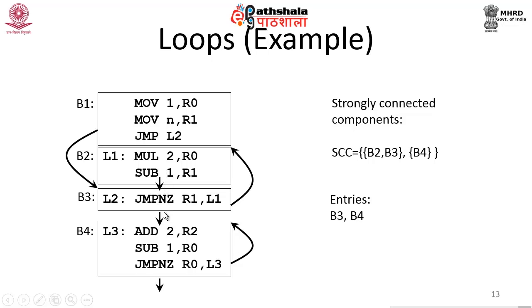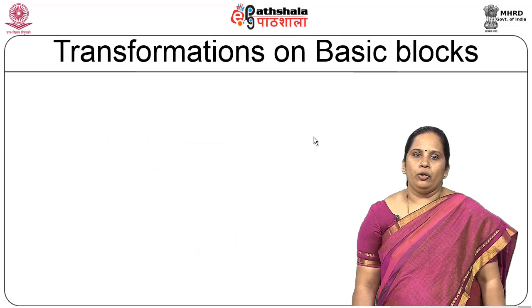So B2 and B3 are strongly connected. And one more is B4. B4 is also strongly connected because to come to B4, I necessarily have to come through B2 only. So that is also connected. So B3 and B4 are entries to B4. So this is one example. We will come back to this with reference to dominators and flow graphs in the next module.